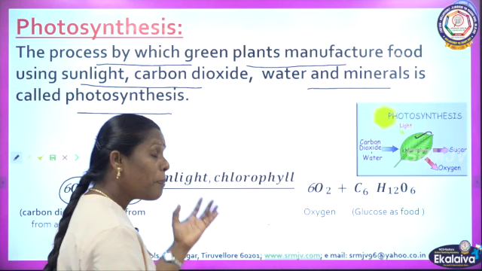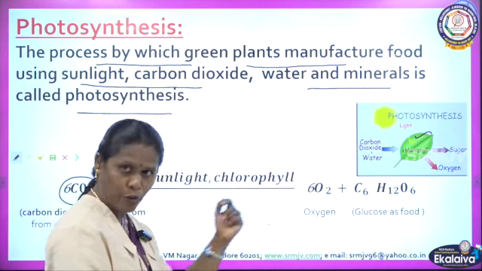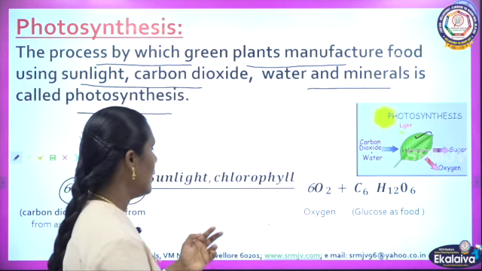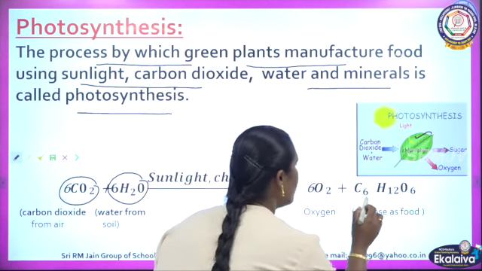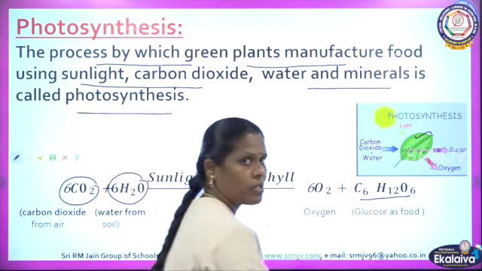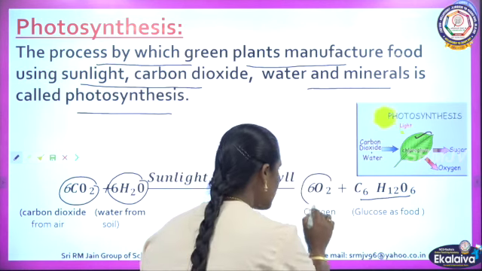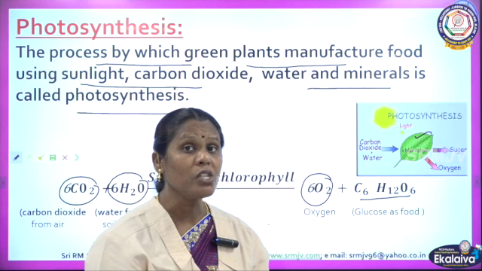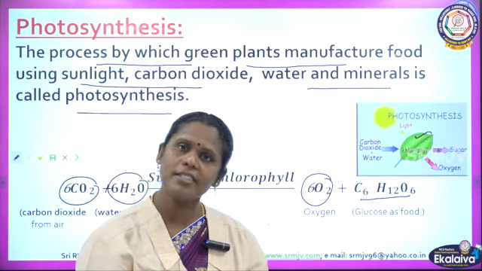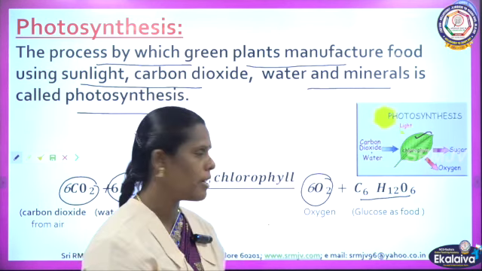In the presence of sunlight and chlorophyll pigment, it prepares food, that is glucose, and releases 6 molecules of oxygen. This is the equation of the photosynthesis reaction. Okay, children.